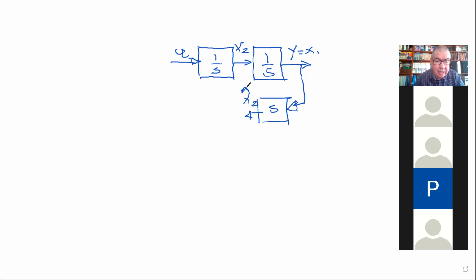It means it's an estimate of x2. Okay, so problems with the derivative. It's not causal. It's a non-causal function.